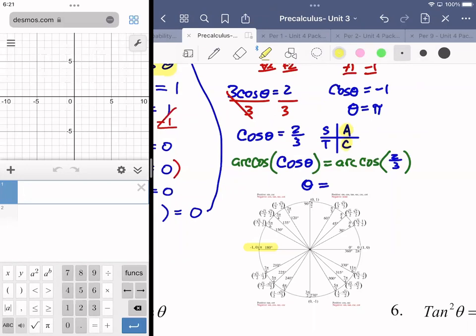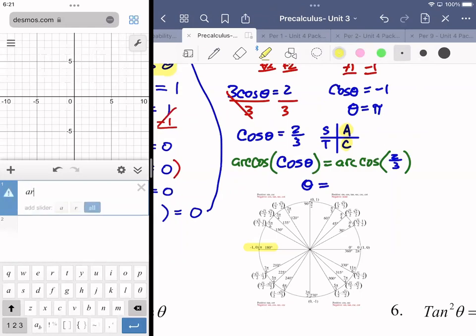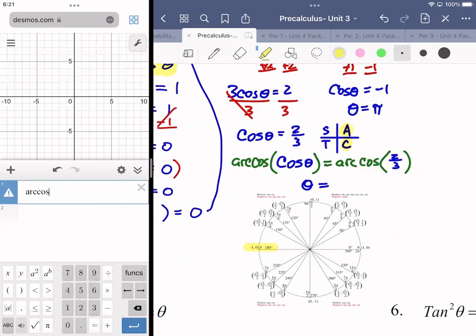Whatever I get from the calculator, if I type in arc cosine of 2/3, it'll give me a value. That value is in radians. Now, the radian value is going to put you in the first quadrant.